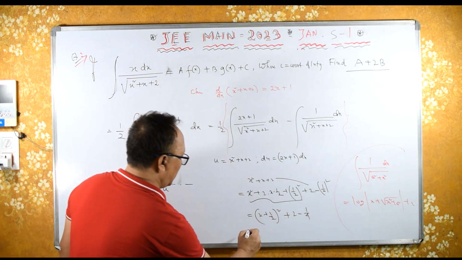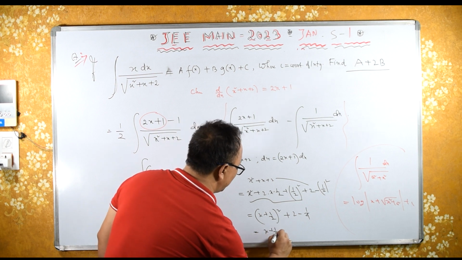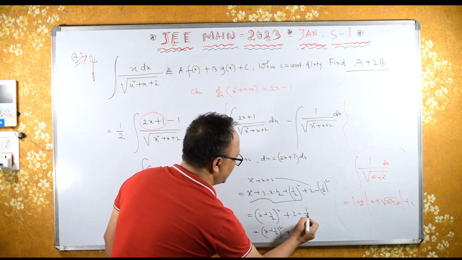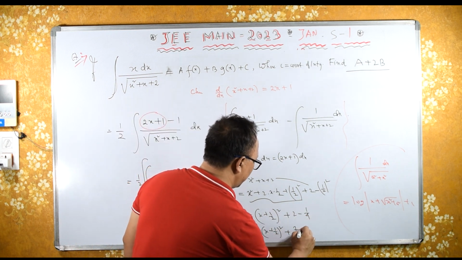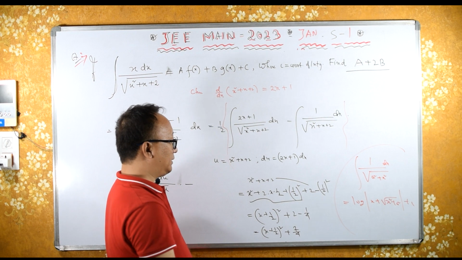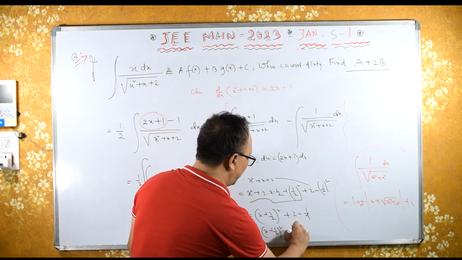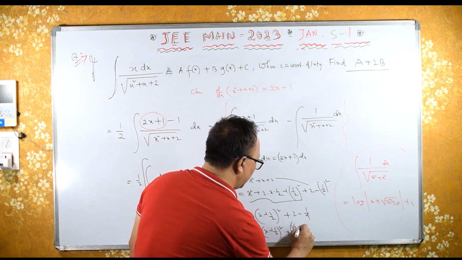Okay, here this is x plus 1 by 2 the whole square plus, 4 to the 8, 8 minus 1 is 7, so 7 by 4. 7 by 4 is the same as root 7 by 2 the whole square.